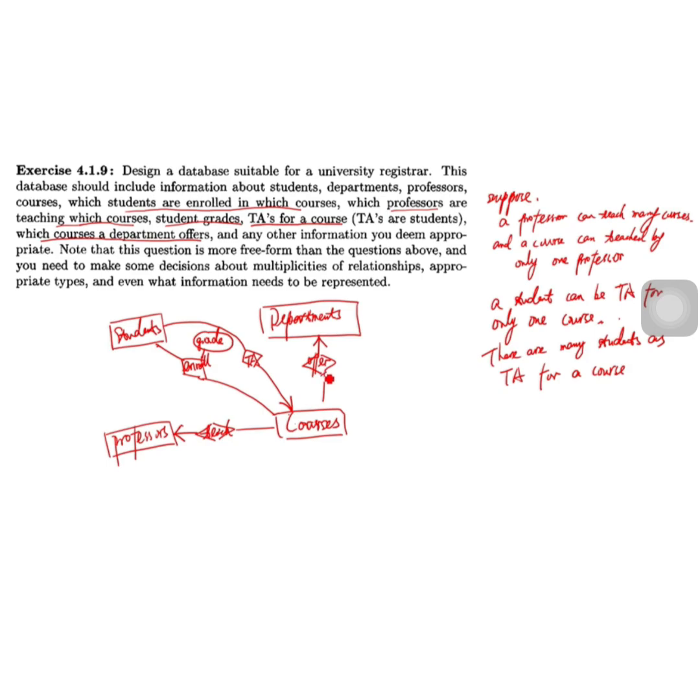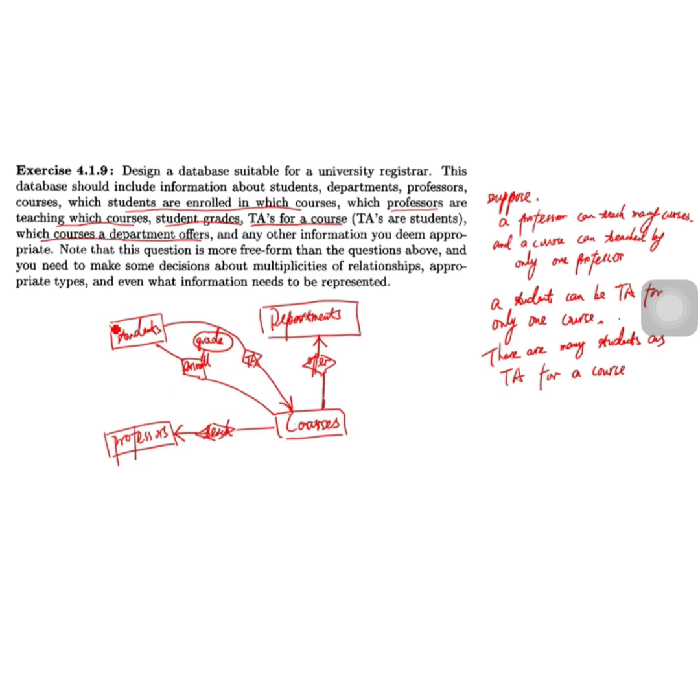And we know a department can offer many courses, so this side is many. Okay, any other information, we just consider this information. Based on this information and these suppositions, we get an ER diagram like this.